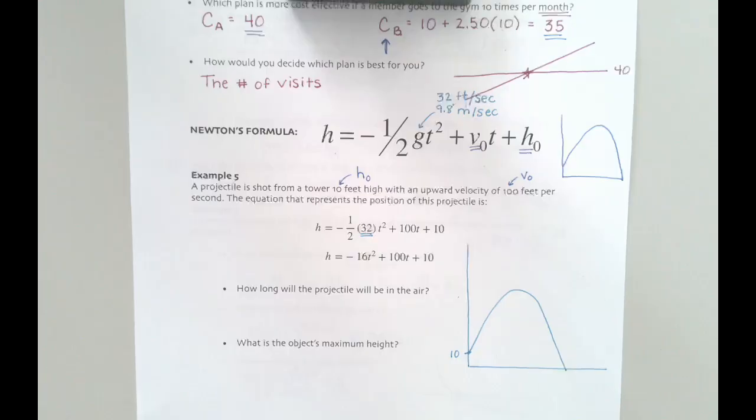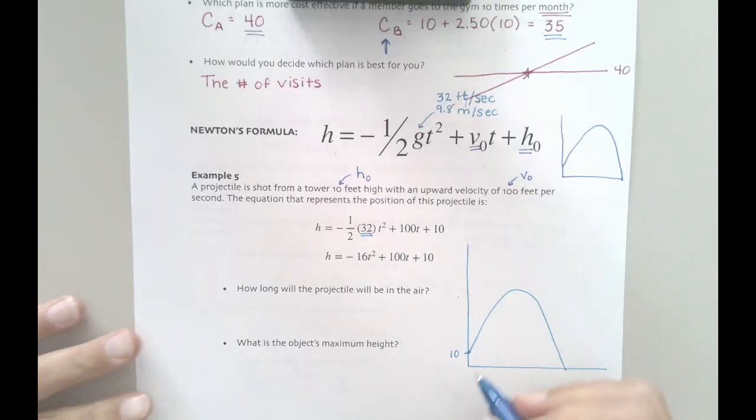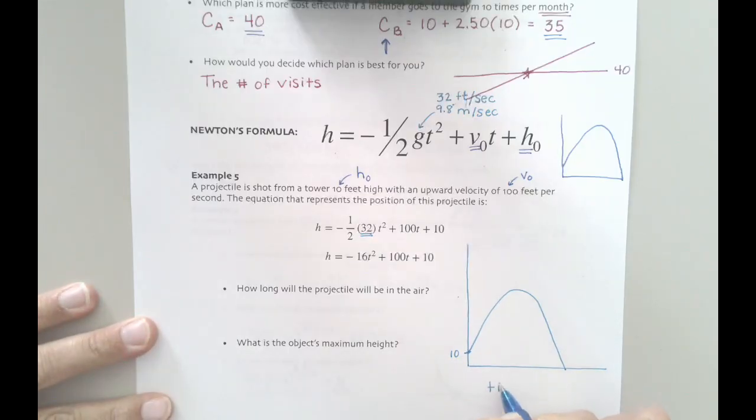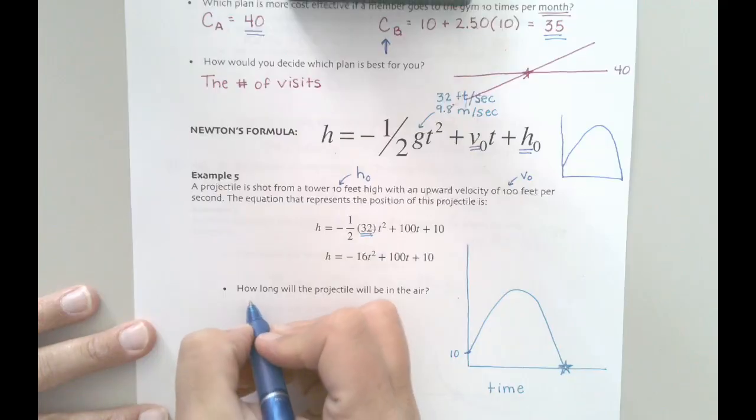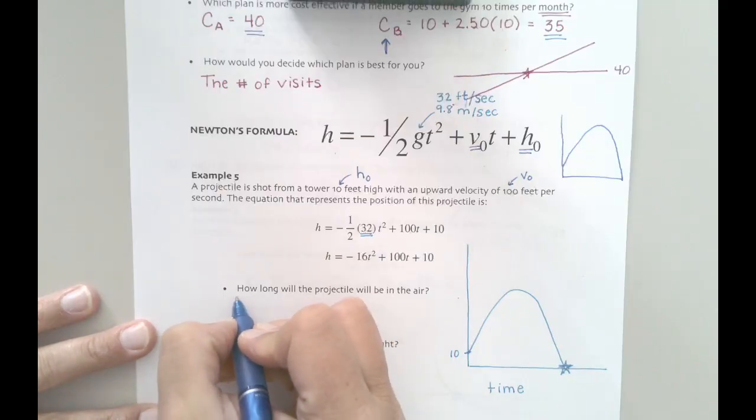So when I say how long will the projectile be in the air, and this is time down here, this is height up the side, what I really want to know is when does this happen, right? That is a root of the quadratic. The root of the quadratic we find by doing quadratic formula.